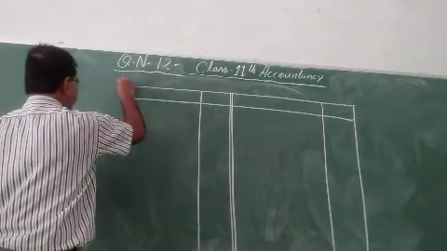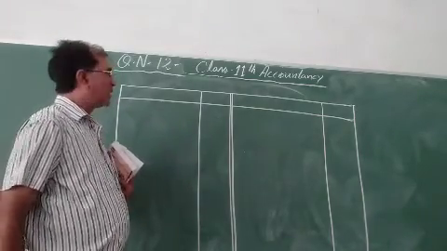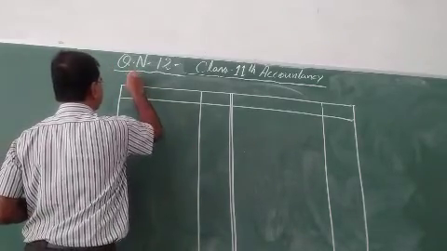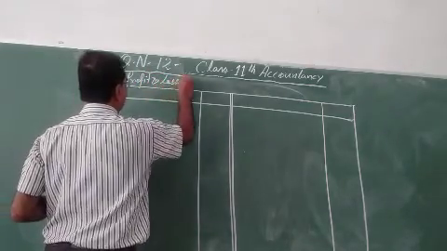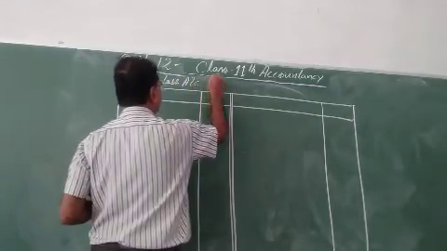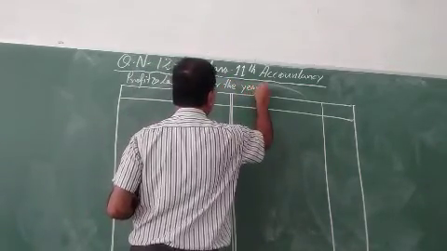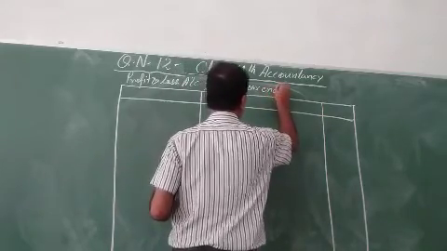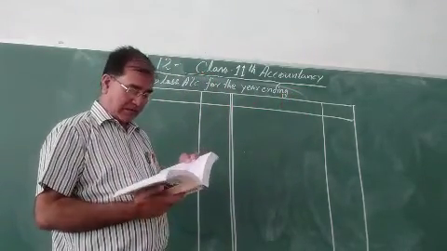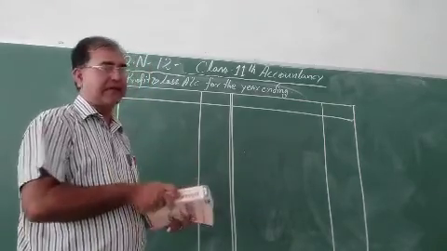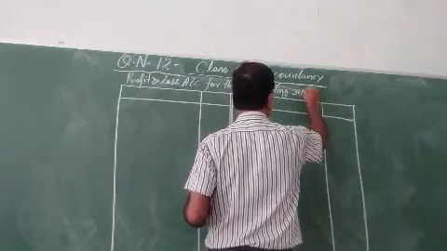At the top, we write: Profit and loss account for the year ending, whatever the year and date given in the question, 31st March 2017.